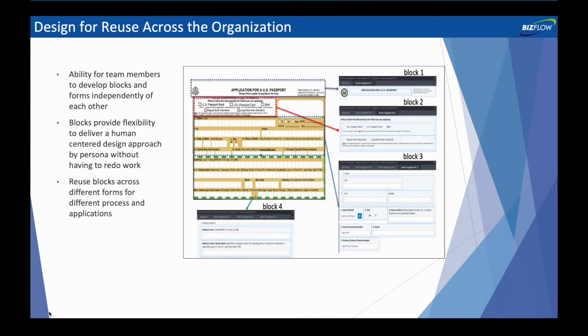This not only allows team members to work in parallel on different sections of a form, but it also allows an organization to implement and deploy new forms faster by making use of pre-existing blocks. The other benefit is that this helps an organization provide a standardized look and feel, where forms created by multiple developers will look uniform if the blocks are the same, as well as an overall faster time to deployment.